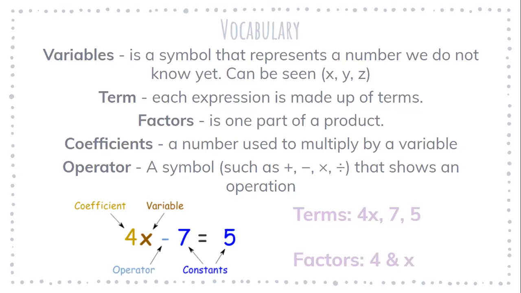So if we look again at the bottom, the example, our 4 is represented as our coefficient, our x is represented as our variable, our subtraction symbol is represented as our operator, the 7 and the 5 are constants. And this is going to be shown as an expression with the answer.